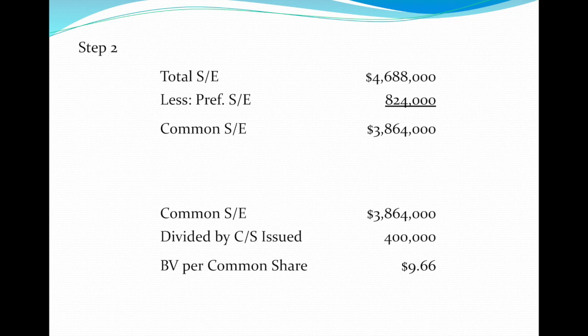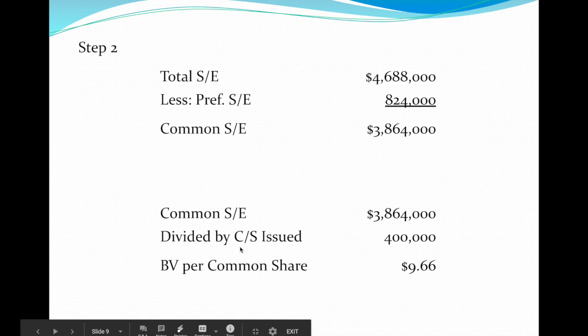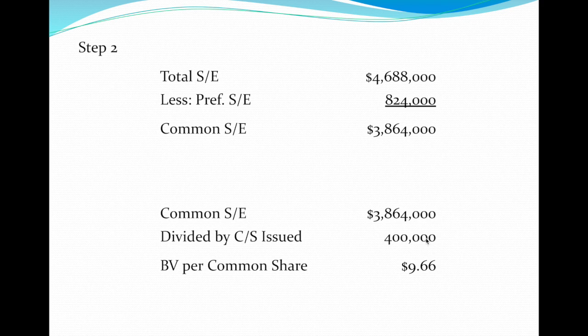So we take that $3,864,000 and divide it by the number of common shares issued. That's what CS stands for, by the way, common shares. And again, this number is given. I didn't magically create that number. So $3,864,000 divided by 400,000 common shares will give you $9.66.